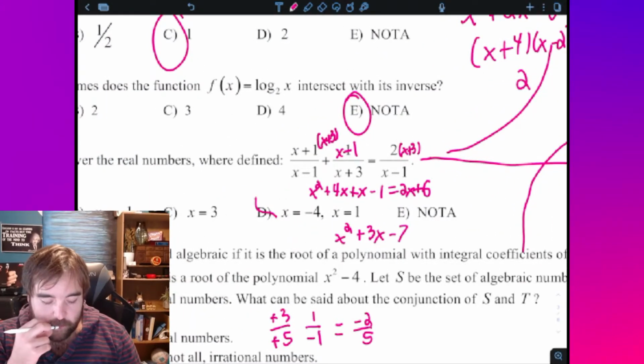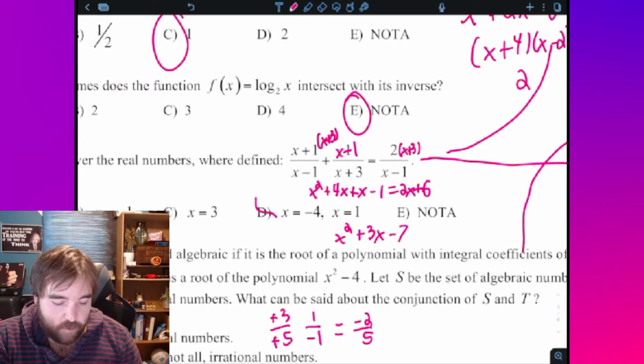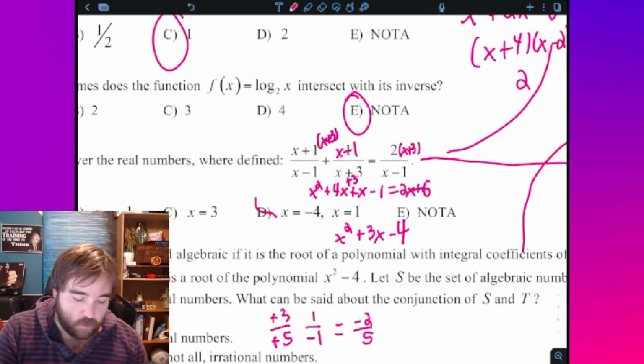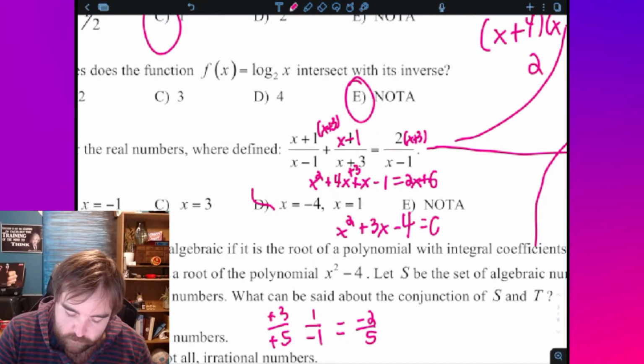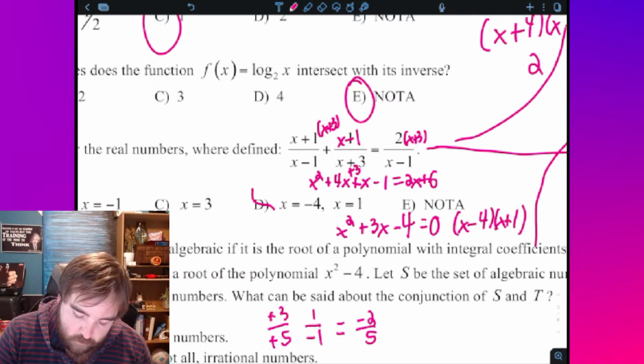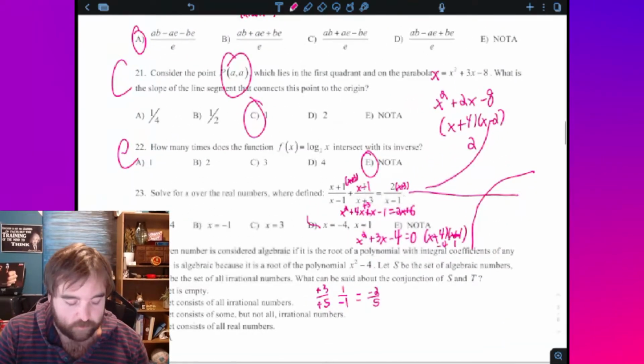That's x minus 1, that's x plus 3, that's x plus 3. We don't have the number here. We don't have the plus 3 here. So that's supposed to be a -4. Ugh. Yeah. Shoot. Alright. Much better.